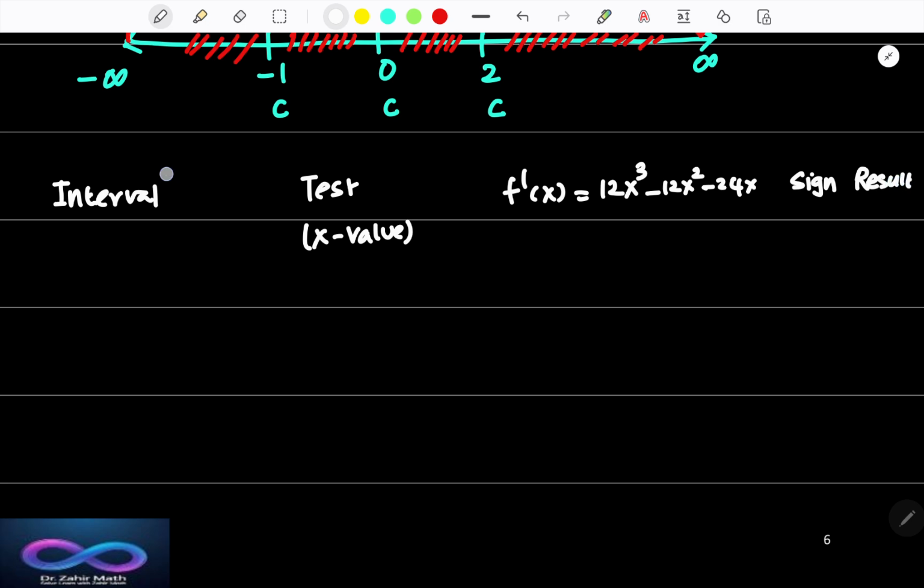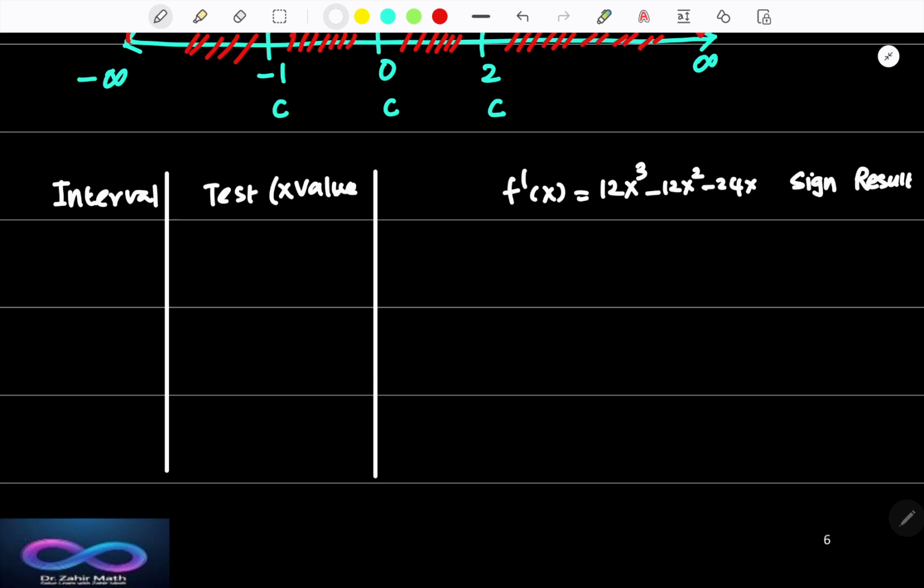So let's make a table, interval. Then I will make the test column, that is the x value. Then I'm going to write f dash of x, which is 12x cube minus 12x square minus 24x.